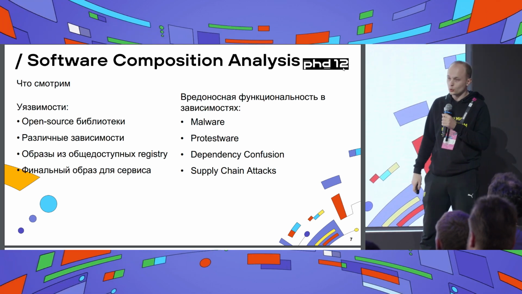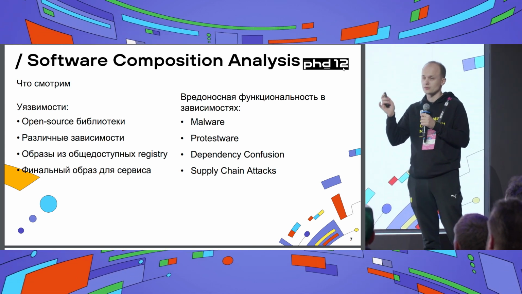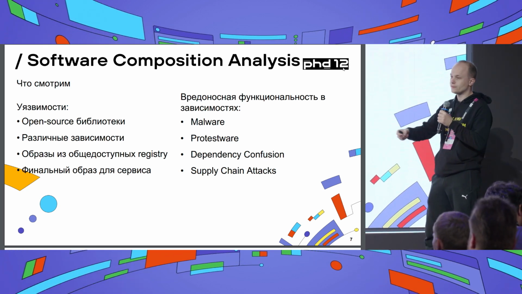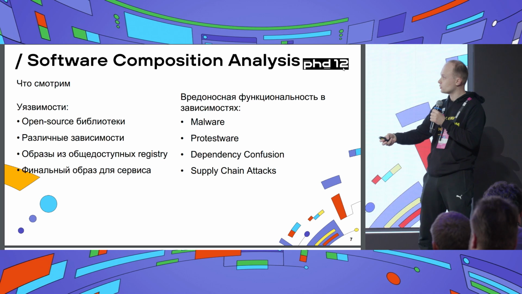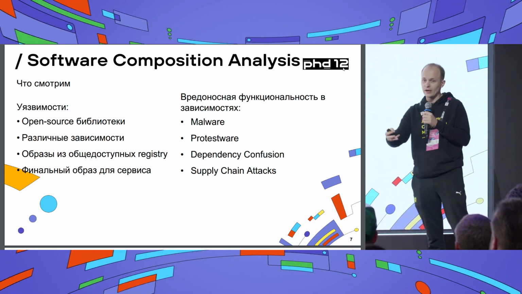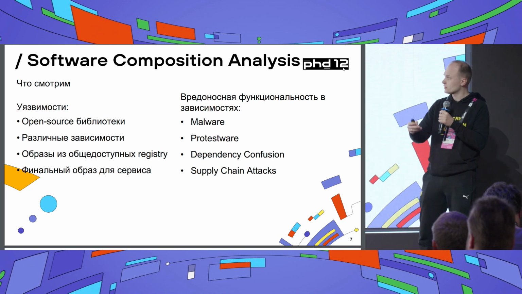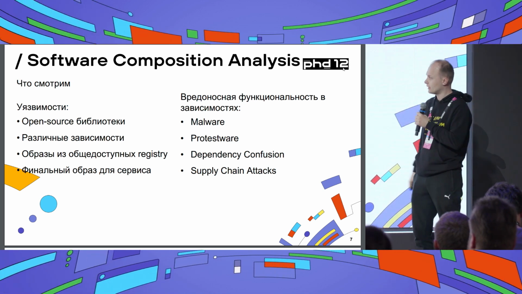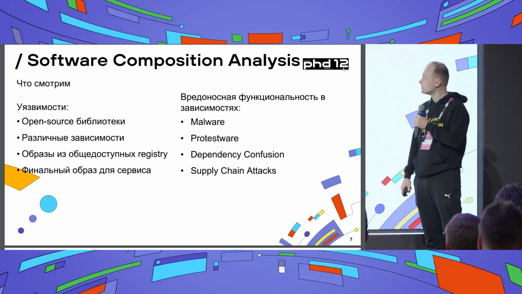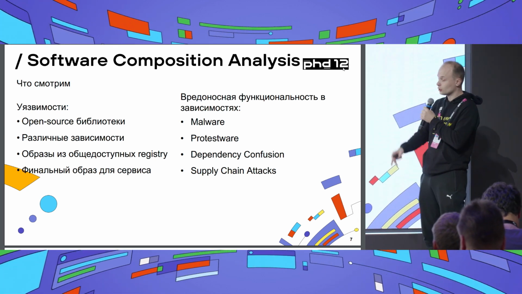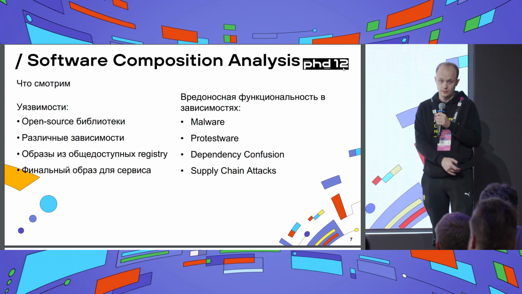Then we take some images from open source registries, Docker Hub, for example. You can take it from a certain registry, add your own business logic, and you get the final image for our service. And it has to be tested for security.